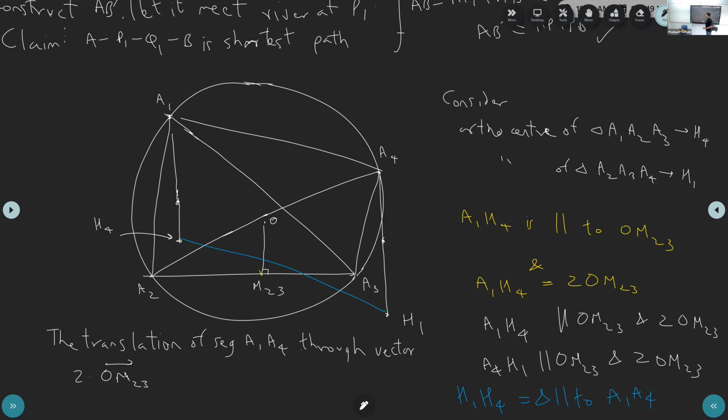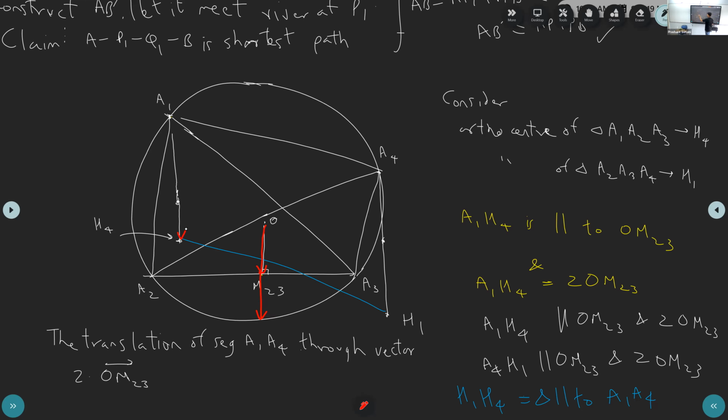Understand this notation? I'm taking the vector OM23 and I'm doubling it. So this is the original vector, but I'm taking the vector of twice the distance. And that is the vector. If I apply that to A1, I will get H4, and to A4, I will get H1.